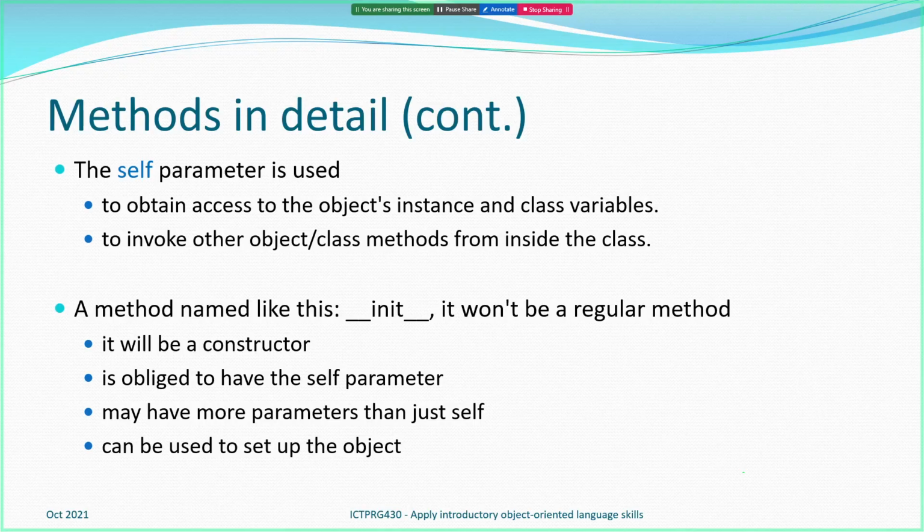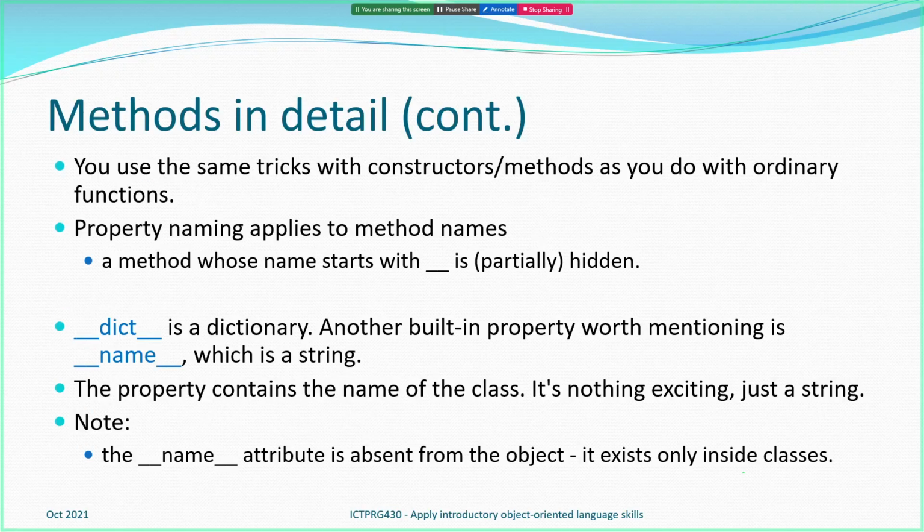When you use the regular naming conventions, you need to provide the self parameter for the constructor. It needs to be the first one. You can add more in, and you can then use this to set up objects from it. This will become clearer when we get stuck into actually doing some of this.